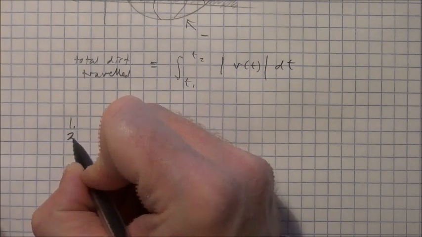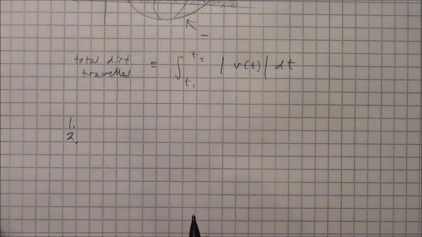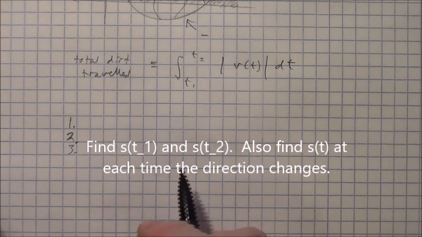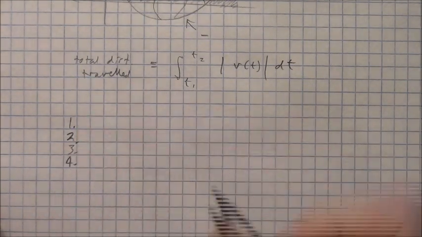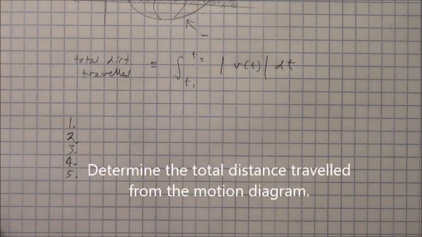The second thing is we're going to determine s of t, the displacement function, by integration, including the constant of integration, because there may be some starting point that's not 0 for the particle. The third thing is we're going to find s of t1 and s of t2, and then find s of t at each of the direction changes. After we do that, we're going to draw a motion diagram, and finally we're going to determine the total distance traveled from the motion diagram.